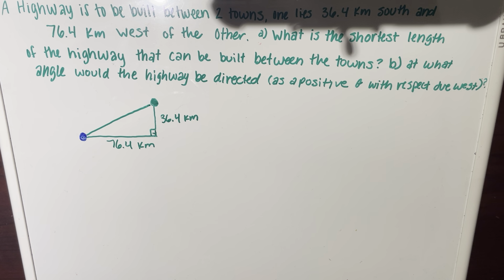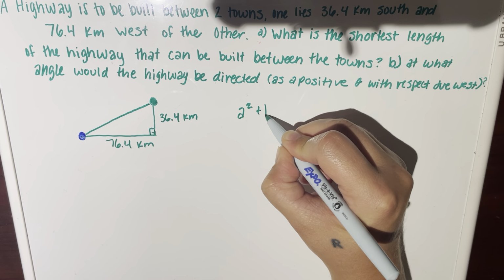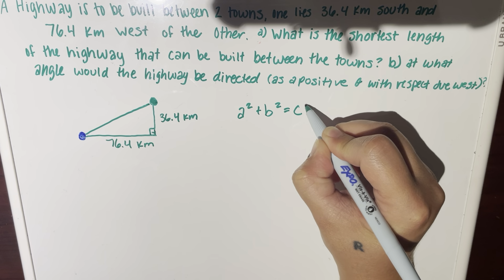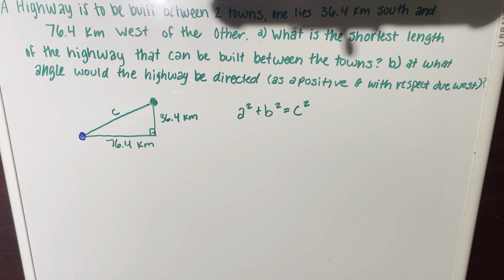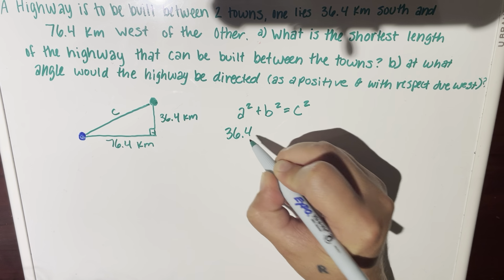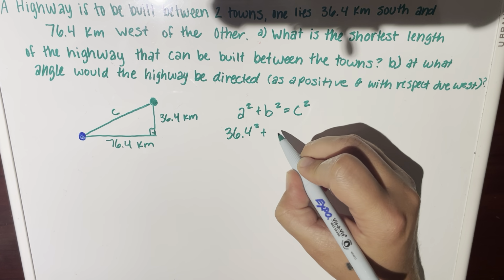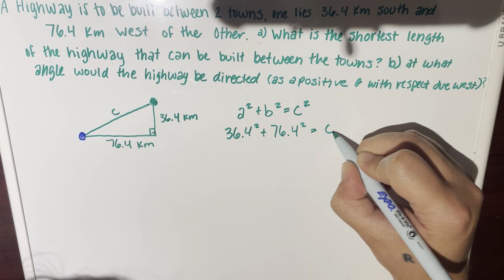So with right triangles, we know that a squared plus b squared equals c squared. So we'll label this C. And then 36.4 squared plus 76.4 squared is going to equal c squared.